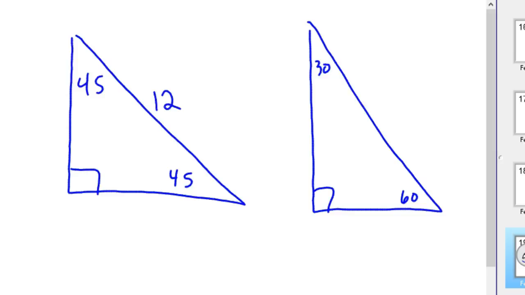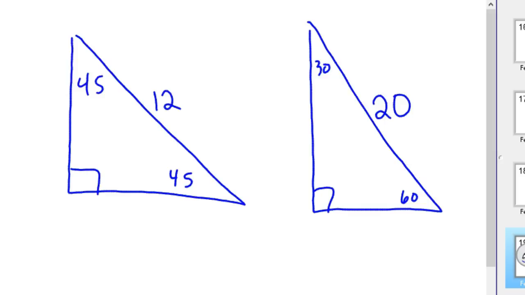There's 12 for that length for the hypotenuse. On the 30, 60, 90, I'll make it kind of easy on you. Let's say we've got 20 here for the hypotenuse. So go ahead and pause the video, see if you can do these two problems. If you got them whipped, you should have this stuff kind of figured out. If not, find another video. The more you do this stuff, the more you practice, the better you'll be.